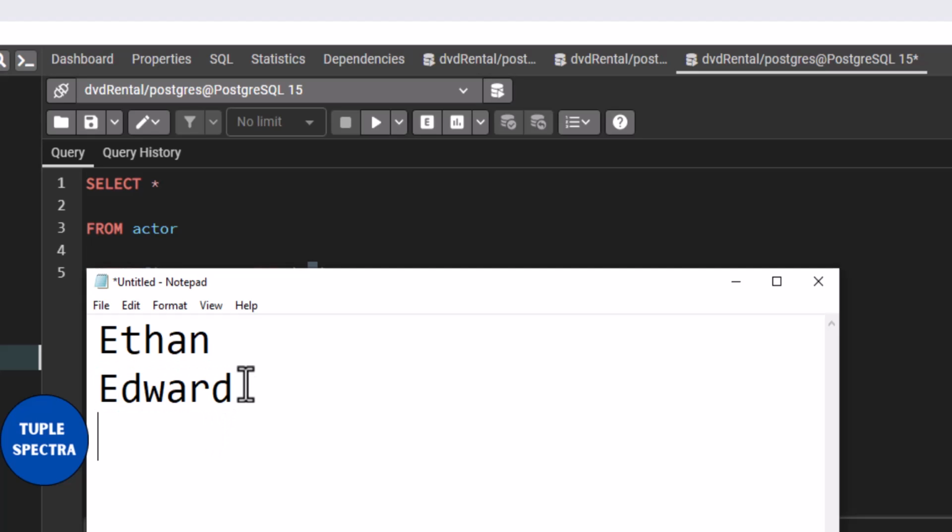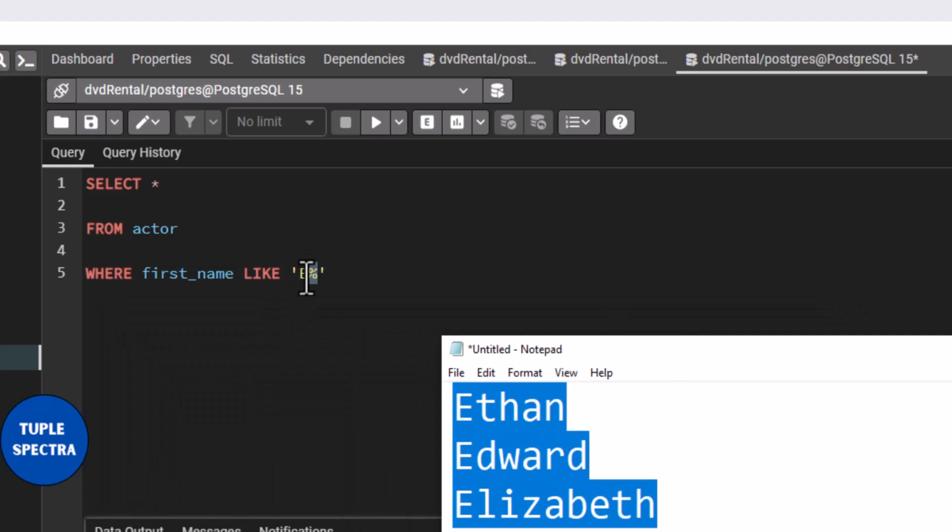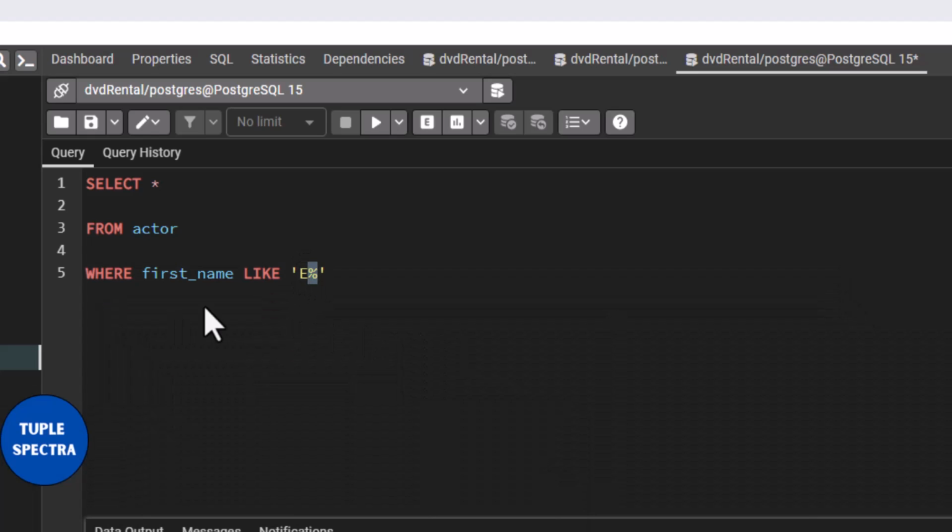Also Elizabeth starts with an uppercase E and then has one or more characters after that. So the first name begins with uppercase E, followed by one or more characters.